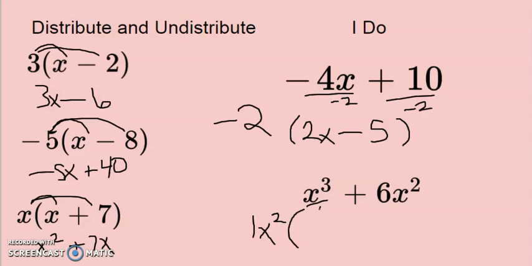Let's divide out that x squared from each of these terms. x cubed divided by x squared is x to the first power. 6x squared divided by x squared is just a plus 6. If we distribute the x squared to each of these, we would get this expression.